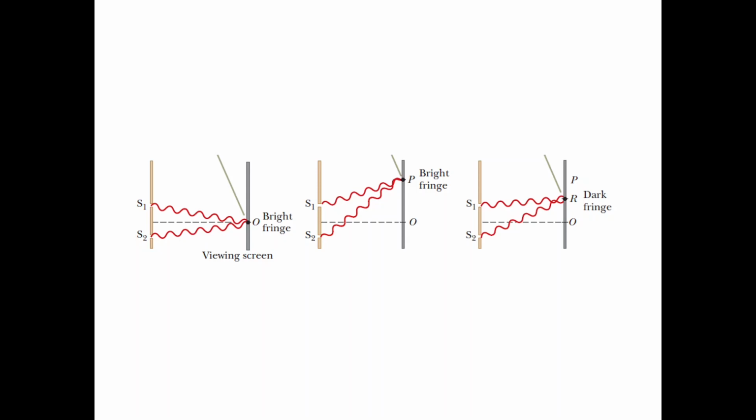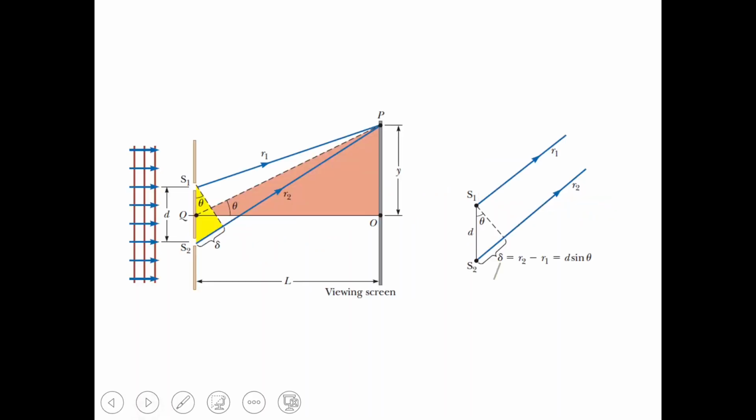So let us go to another slide, and we'll become a bit more specific before we add some equations. This is the same model. We have monochromatic light, the screen with two slits, and some point P on the screen.